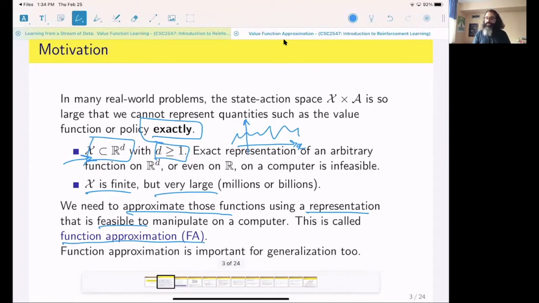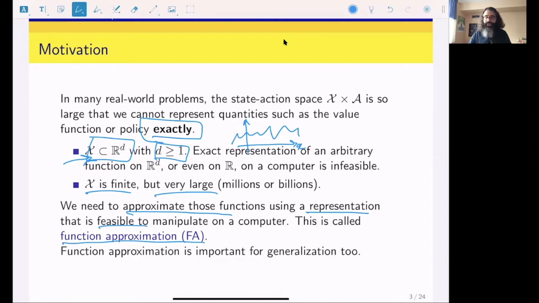Function approximation is also important for generalization. When we do learning, which is what we want to do in reinforcement learning, we want to be able to generalize our experience to other regions of the state space that we haven't exactly seen. Function approximation allows us to do it. So generalization is another important reason we want to do function approximation.